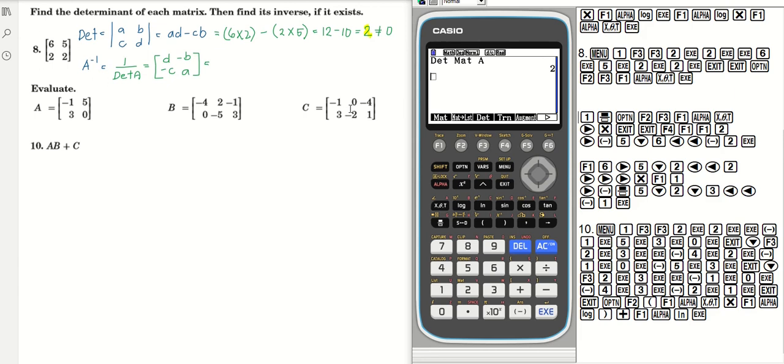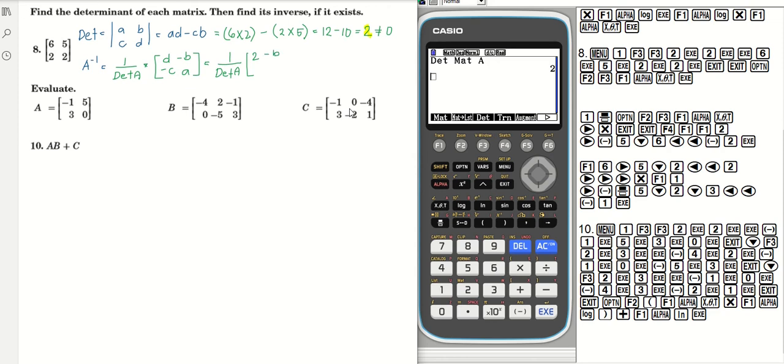To find the inverse, you need to first arrange your given elements with the use of this formula: 1 over determinant A, which is 2, multiplied by D, which is 2, and then our element B, let's put it into a negative sign.